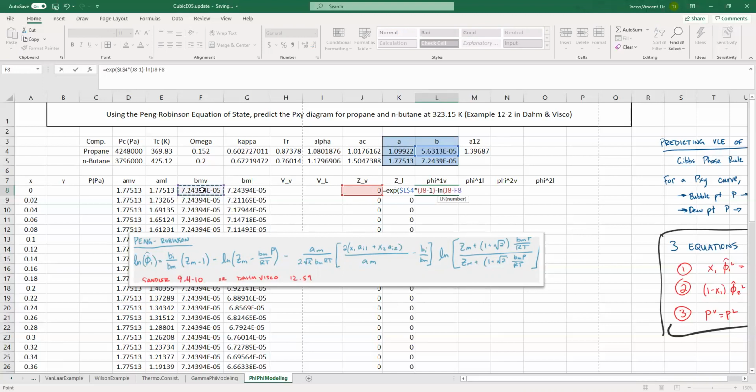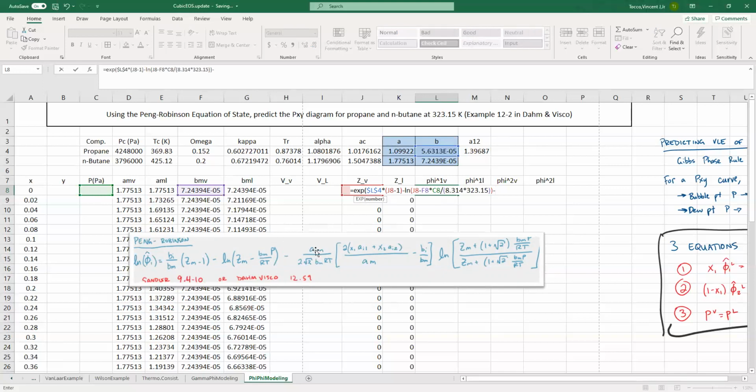So that's in this cell, not $, importantly, times P, and P of the vapor is equal to P of the liquid, so there is no subscript there that I have to worry about, divided by R times T, 8.314 times 323.15. Okay, close out the denominator, close out that ln, and then minus AM.